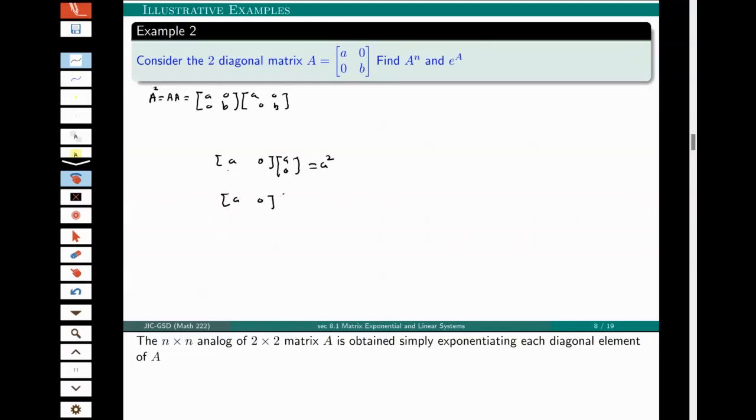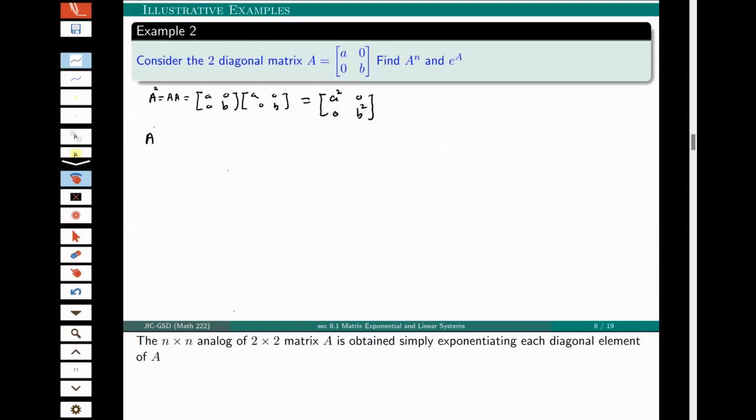First row times the second column, it will be 0. So I'll get here a squared and 0, and here it will be 0 and b squared. By the same story, taking the second row, multiplying it with the first, you will get 0. Taking the second row, multiplying it by the second, you will get only b times b, which is b squared.